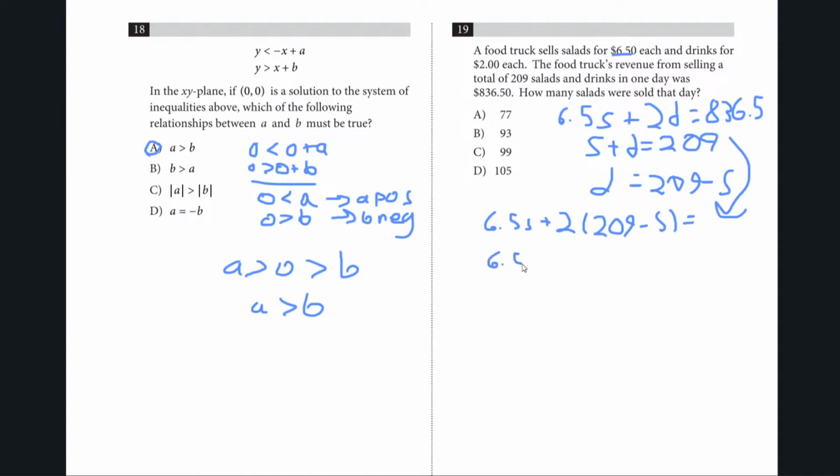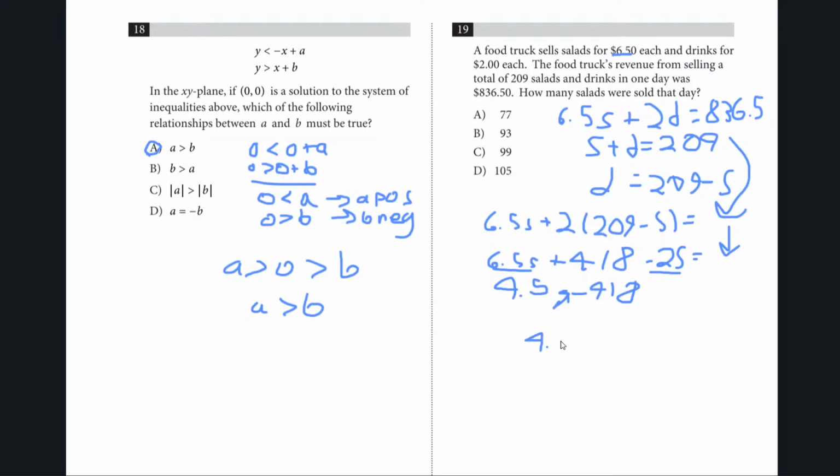So we have 6.5s plus 418 minus 2s is again equal to the number. This becomes 4.5s after combining like terms. And let's subtract the 418 over from the 836.5. 836.5 minus 418 is 418.5.